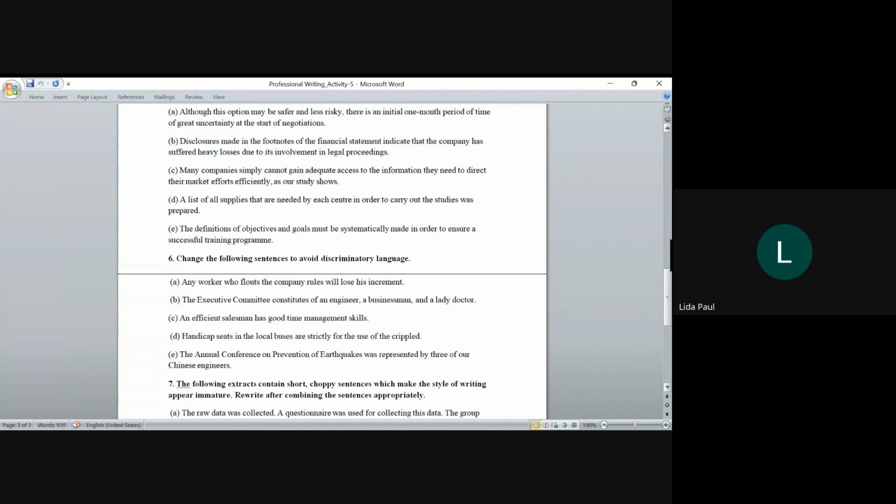Okay. Now, B. The executive committee constitutes of an engineer, a businessman, and a lady doctor. We can say only doctor. Yes, you can simply say doctor. How about businessman?